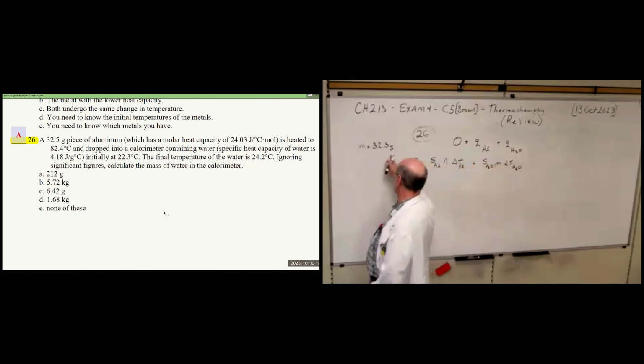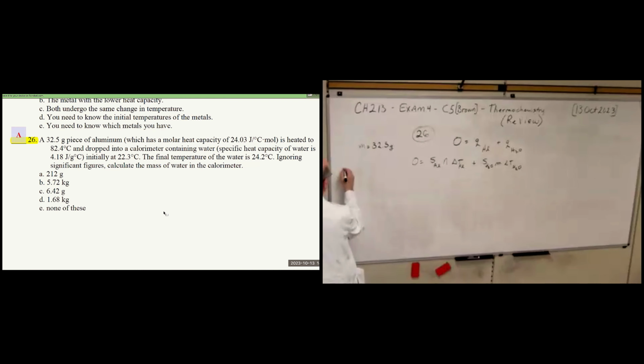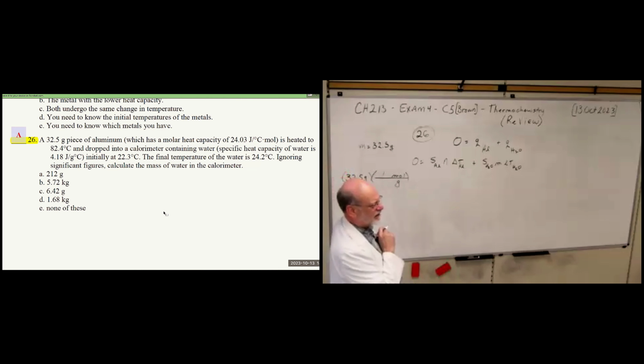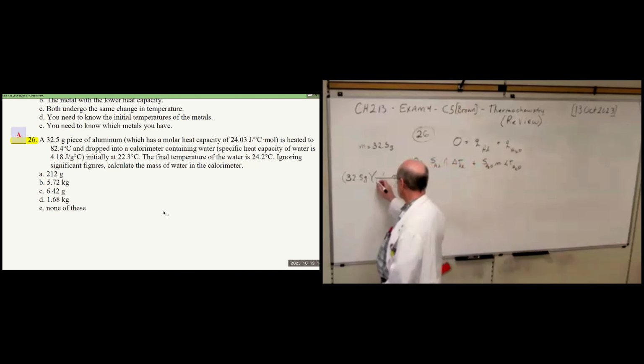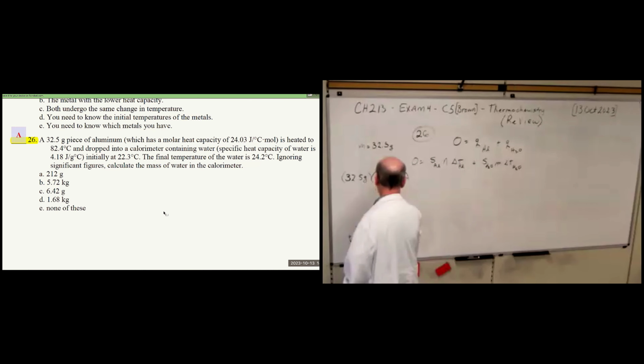Okay, let's change this to moles. 32.5 grams. And what's the molar mass of aluminum? I can't see it from here. There's a reflection. 26.98 grams.